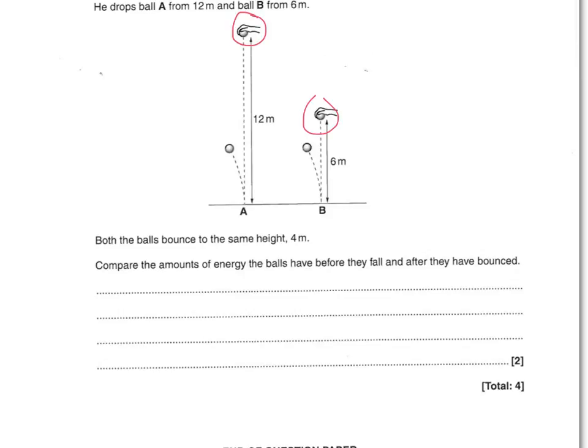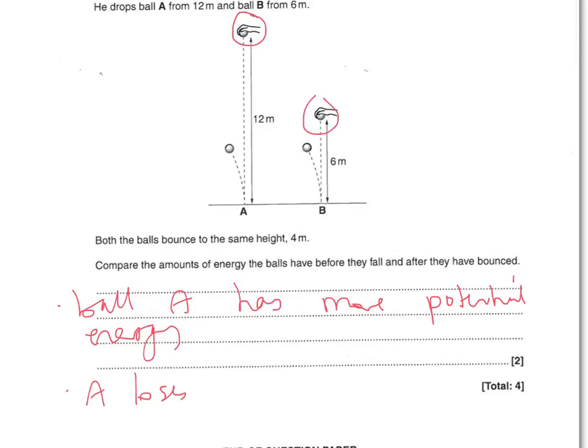So there's your first mark. Ball A has more potential energy before it's been dropped, but it loses the most energy when it bounces because they both bounce the same height.